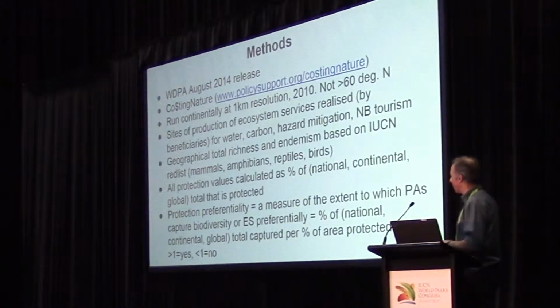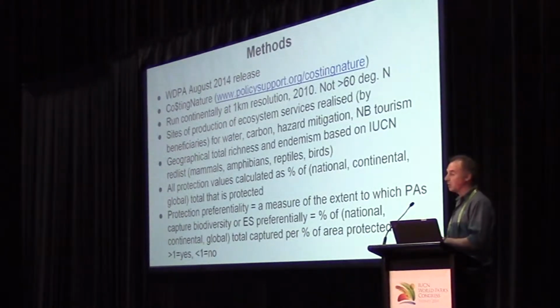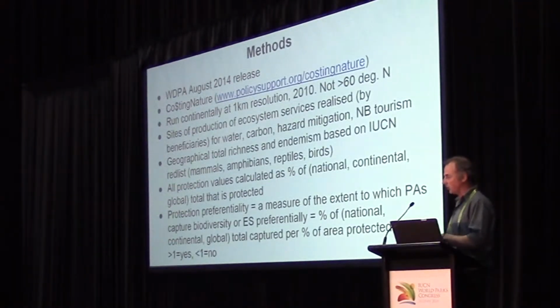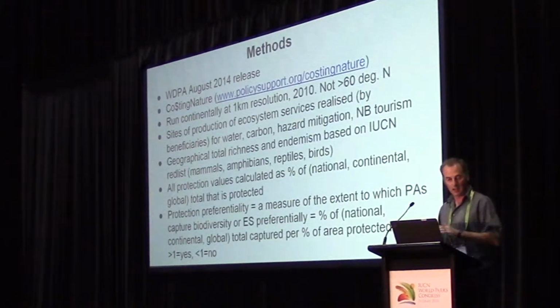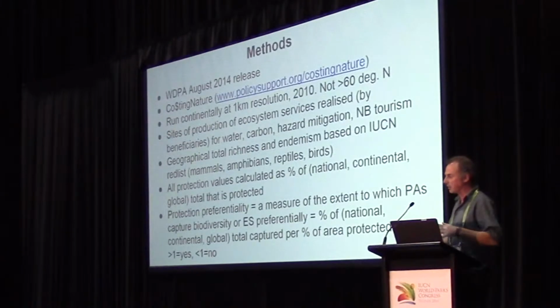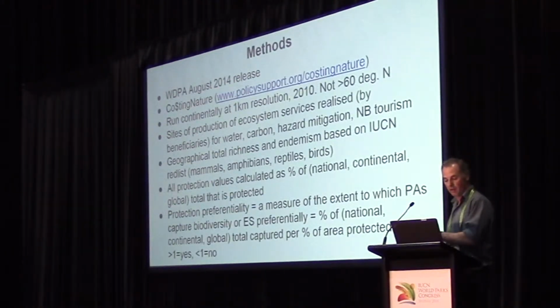And as was mentioned, the methods for this involve, first of all, using the World Database on Protected Areas that tells us the current distribution of protected areas, using this tool that you can also use for any protected area that you know about, or indeed at the national scale for your country, called Costing Nature, which brings together a wealth of remote sensing and geographical information on biodiversity and ecosystem services, pressures and threats.